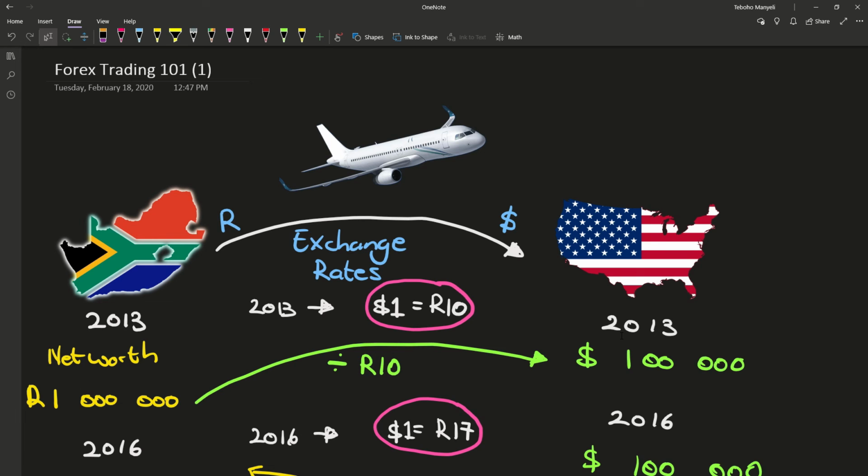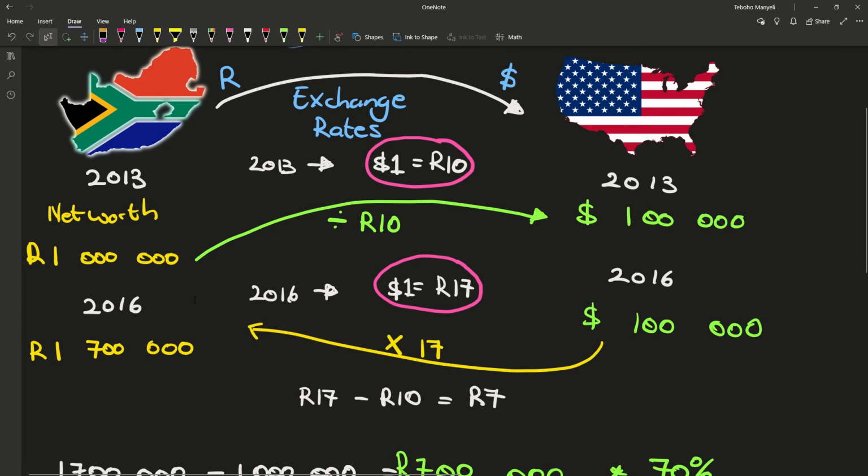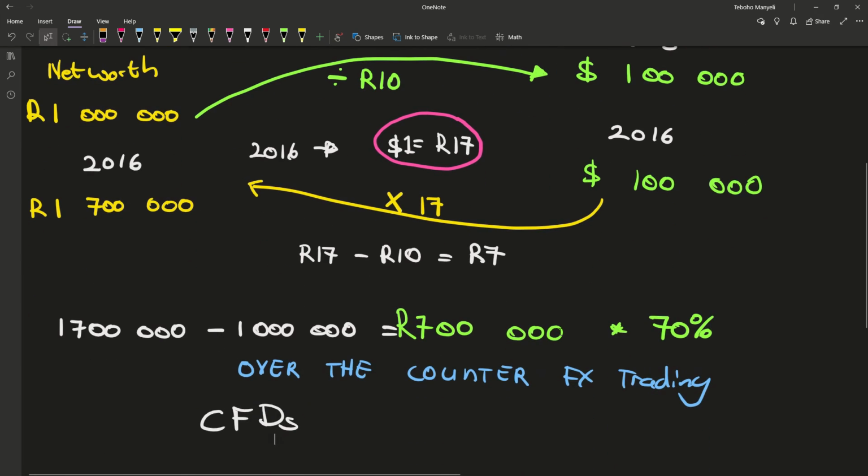You have a platform that you can use from anywhere in the world, and you can literally keep the trade for even a minute, for an hour, for however long. So it wouldn't take 3 years for us to make the same type of profits. Okay, you can make 70% in a day, in a week, in a month, and it all depends on how you trade. But this is in essence our history and how trading is actually happening.